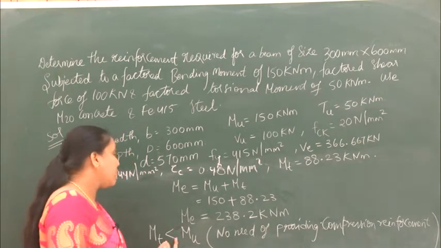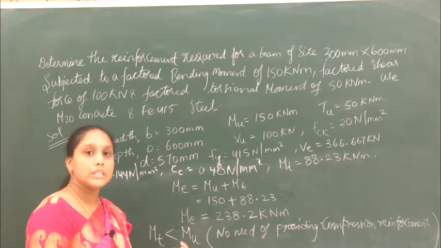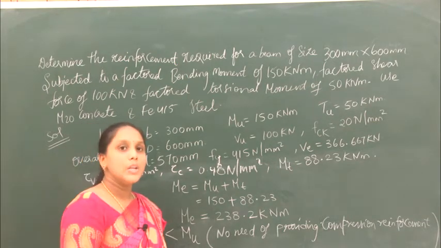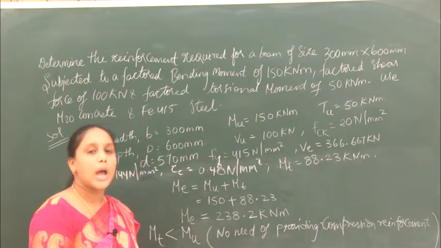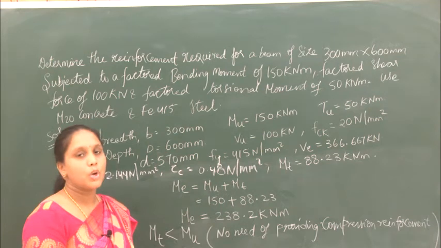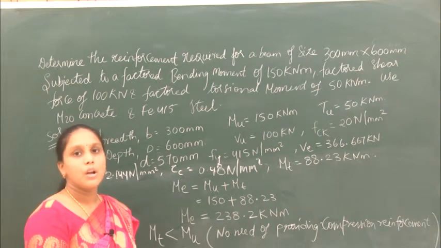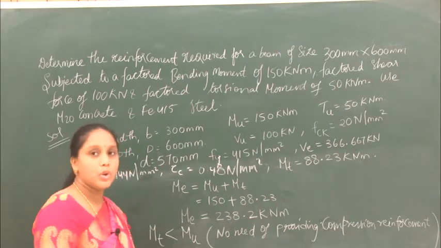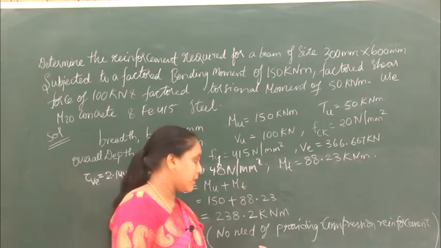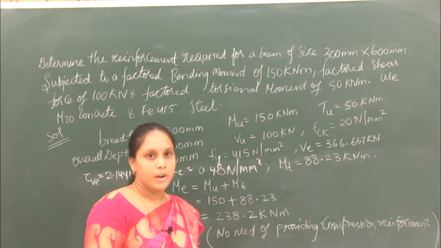If MT is greater than MU, then there is an additional moment here, and you have to design for the additional moment also. In that case you are going to have the compression reinforcement also. You have to design for the provision of the compression reinforcement also. So now as the condition MT is less than MU, there is no need of designing for the compression reinforcement.